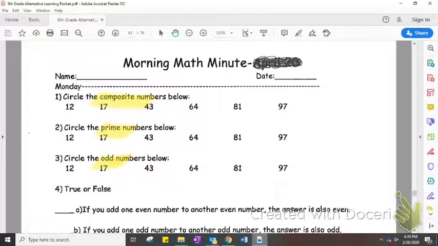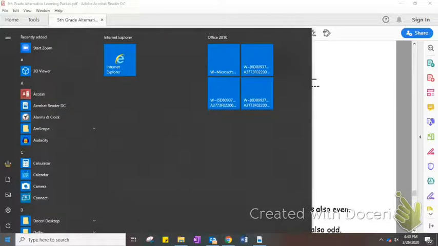So you're allowed to use a calculator for this. So I'm going to get the calculator tool. There it is. Okay, and hopefully it comes up. There it goes.